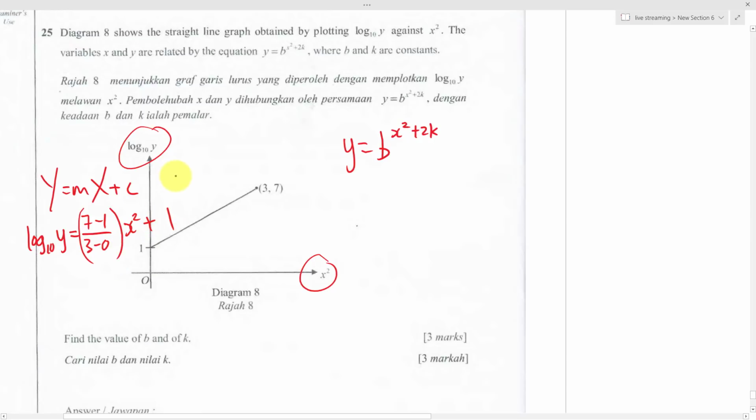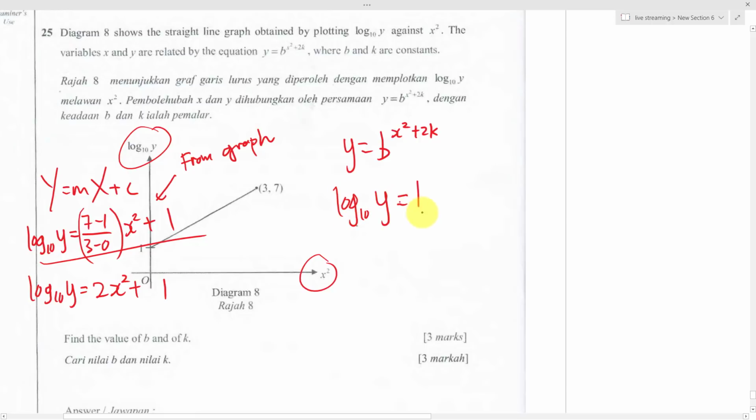Alright, so you can see I get this equation from the graph itself. Later I need to make the other equation into this pattern. So therefore I get log 10 y equals 6 over 3, which is 2, x squared plus 1. To make this equation into this pattern, I need to take log 10 on both sides.